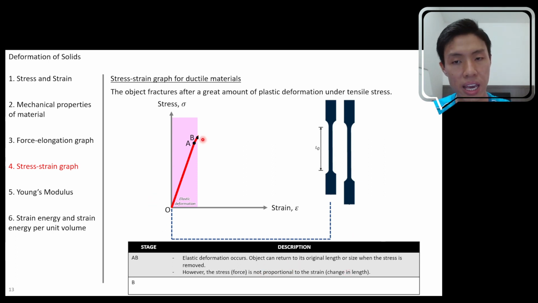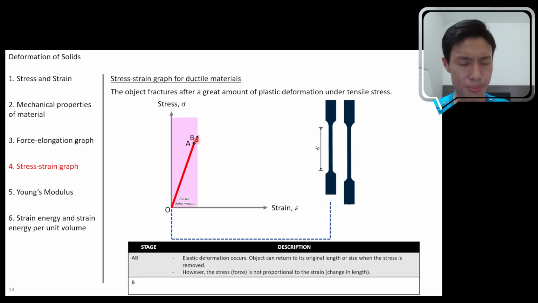Just now, OA is a straight linear line, so the stress is directly proportional to the strain. But now once you reach stage AB here, the stress is no longer proportional to the strain. So you observe that this is actually a slight curve over here. It's not a straight line, it's a slight curve because it's no longer linear. So this is the difference between OA and AB.